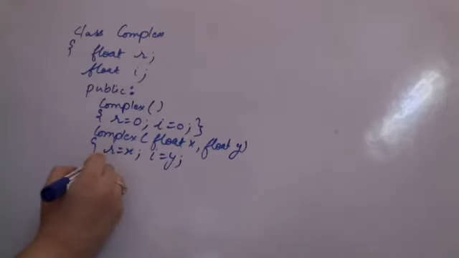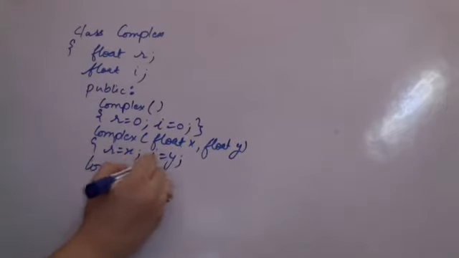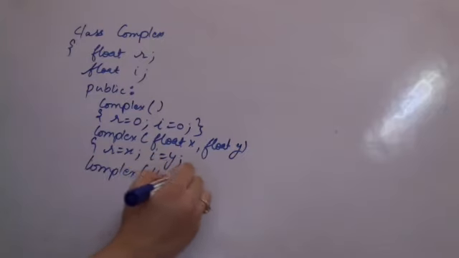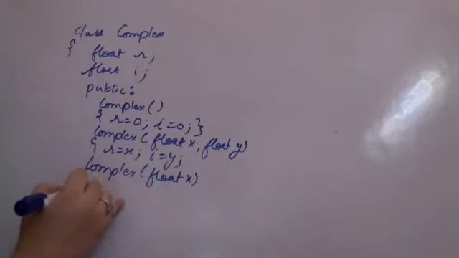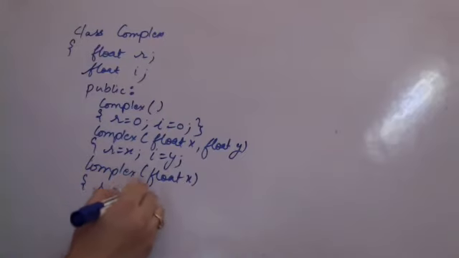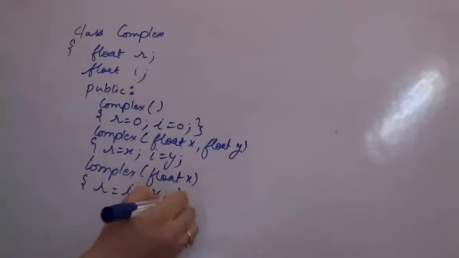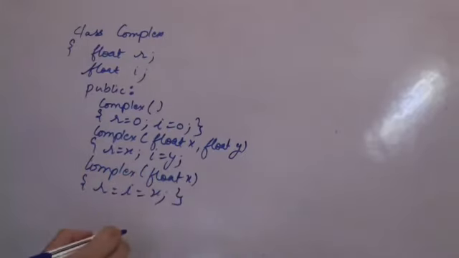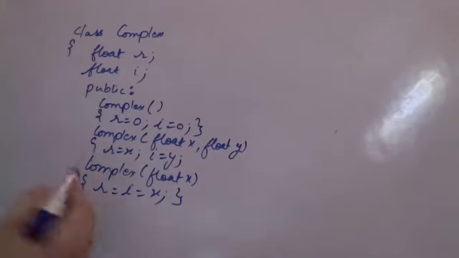Since it is constructor overloading, it might be possible I pass only a single argument. And I'm saying that real is equal to imaginary is equal to x. I'm having both the real and the imaginary parts the same. After doing this, I will be having other functions also. Supposedly, I am creating a function sum.